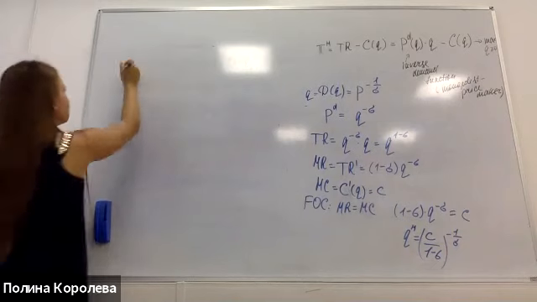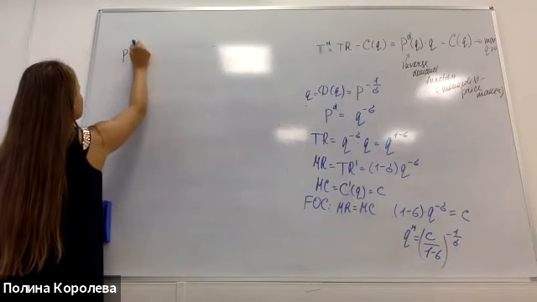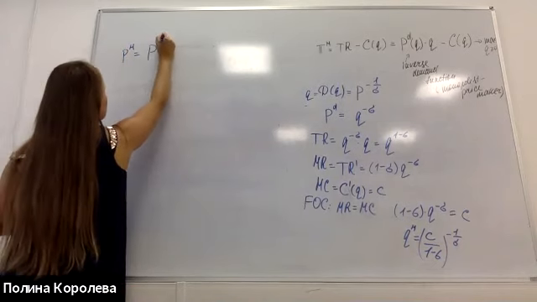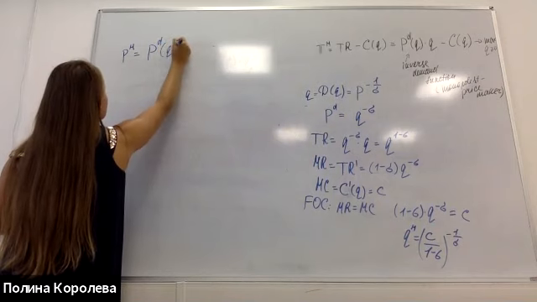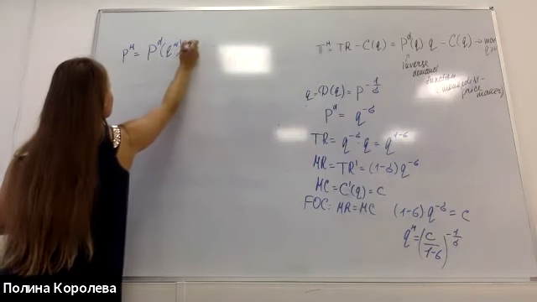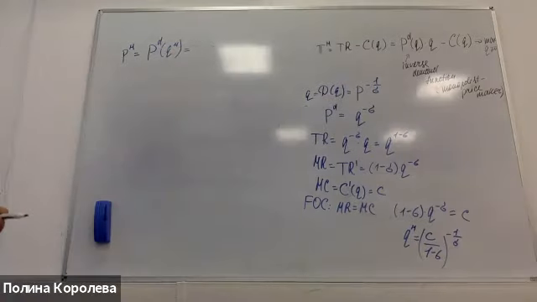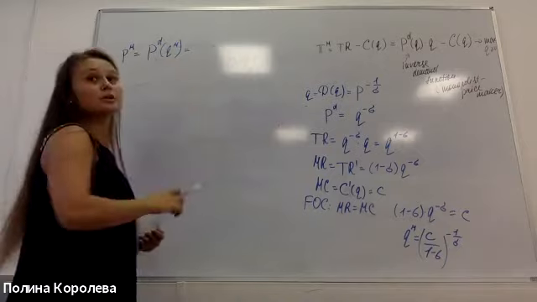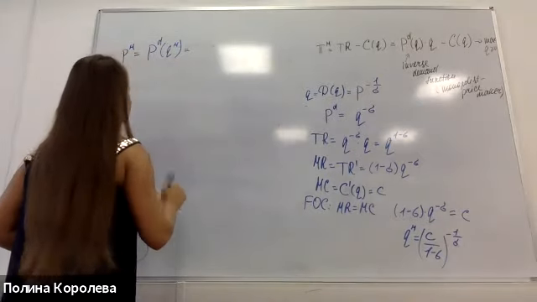So the price for the monopolist will be the maximum willingness to pay for the quantity that the monopolist chose.